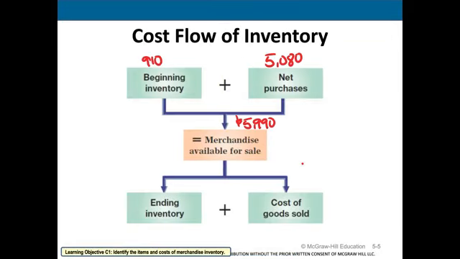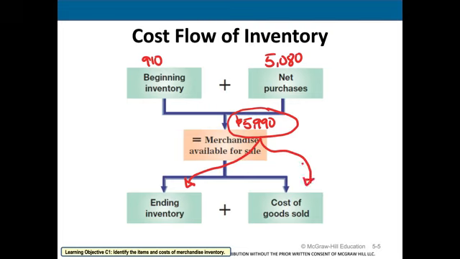What we're trying to do with all these exercises is, of this $5,990 of merchandise available for sale, some of which we'll sell and some of which we won't, figure out how to split it between ending inventory and cost of goods sold.